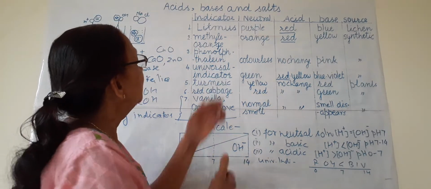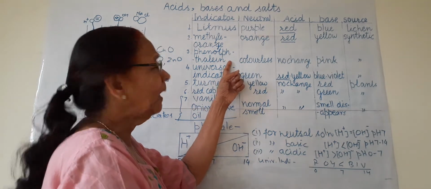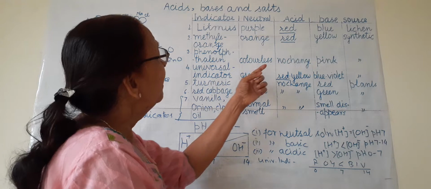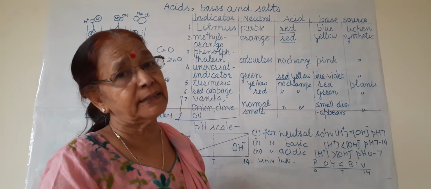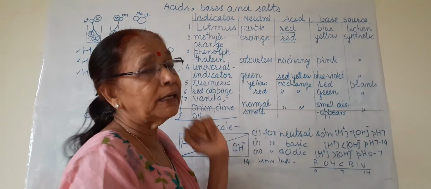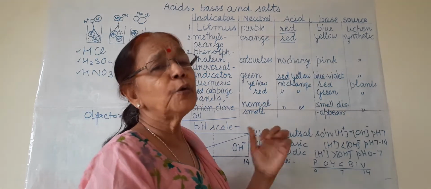Now the next one, phenolphthalein. Phenolphthalein is also a colored indicator, and in its neutral condition, it is colorless. Like water, it has no color or colorless. When acid is put in phenolphthalein, no change is there.